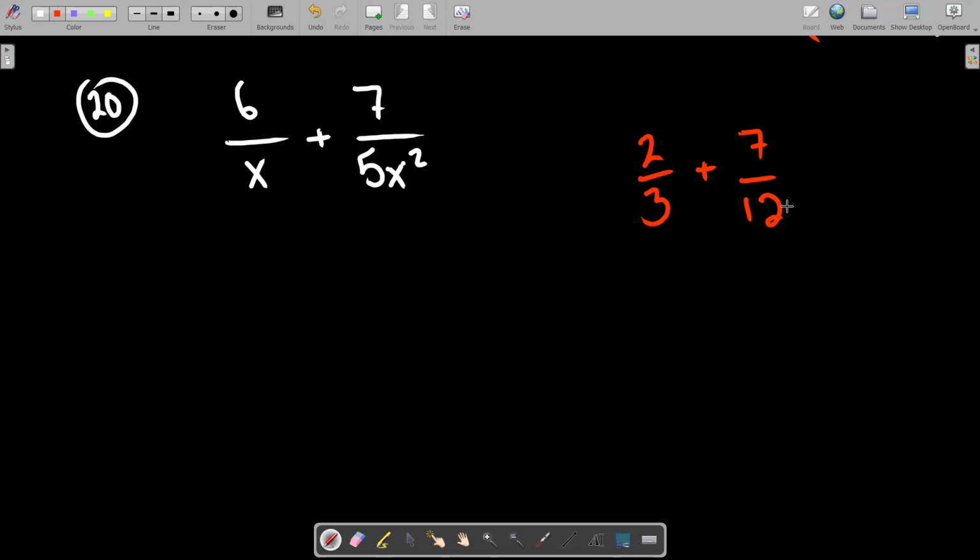Sometimes you have to change both denominators, but sometimes one of the denominators is already the least common. So in this case, the 12 is the one that the 3 can go into. So I would take the first fraction and multiply its top and its bottom both by 4. So we're going to employ that exact same elementary school logic to the problem on the board and ask ourselves, what is the common denominator?